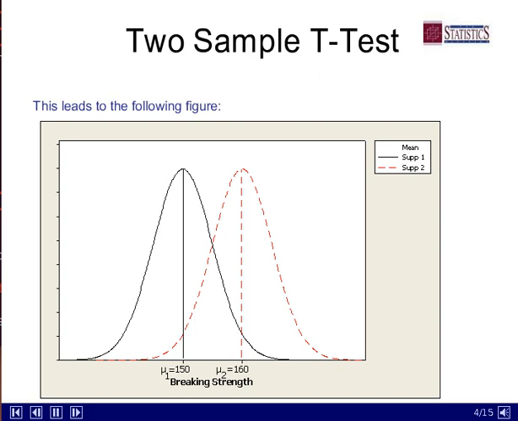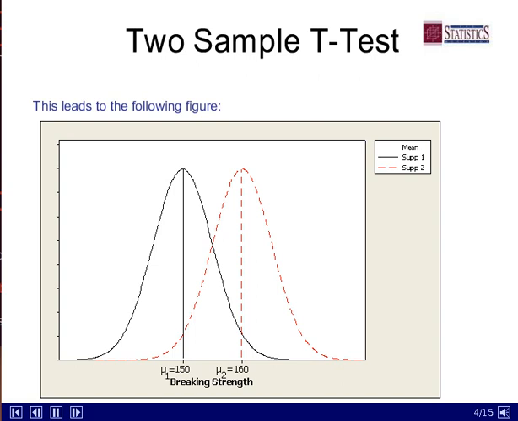In this particular picture, I've drawn supplier 1 with a mean of 150 and supplier 2 with a mean of 160. So we're just looking to see, is that shift of 10 units on average in the breaking strength enough to reject the null hypothesis and say there is some difference between these two, and supplier 2 seems to have a little bit higher breaking strength on average.